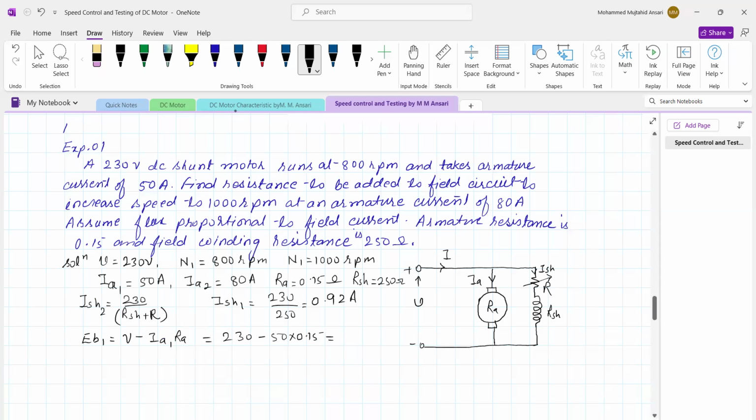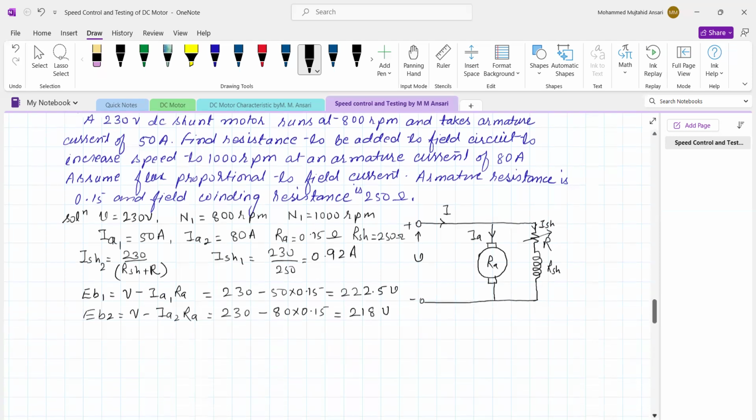So it is 222.5 volt. Whereas EB2 is equal to V minus IA2 RA. It is 230 minus 80, the armature current, into 0.15, equals 218 volt.